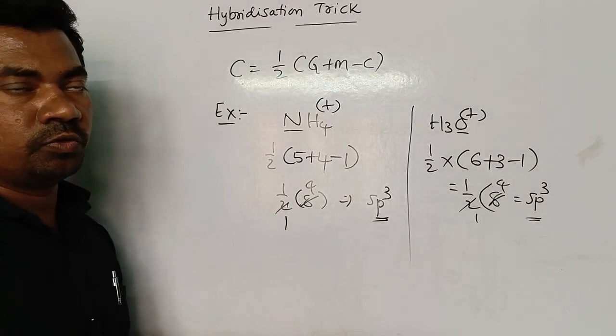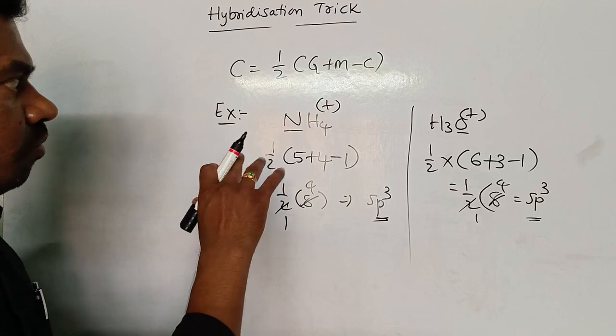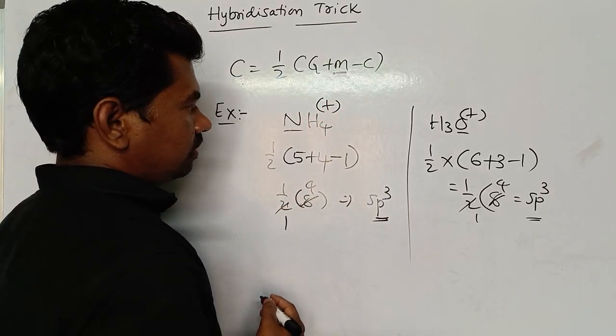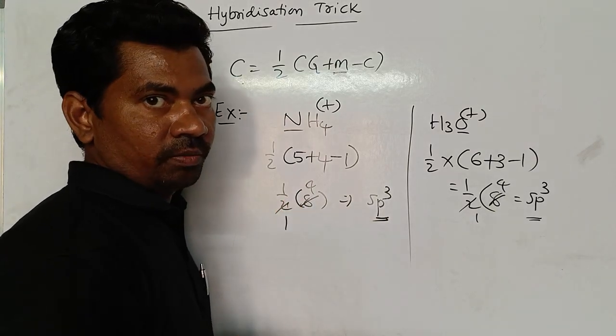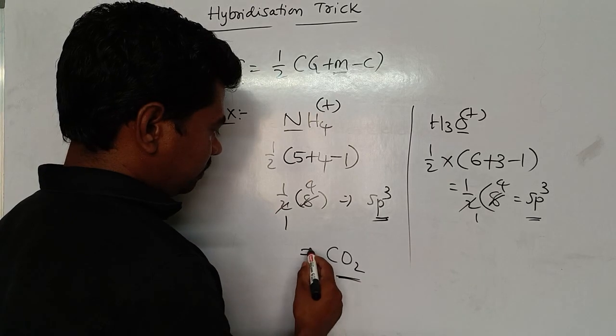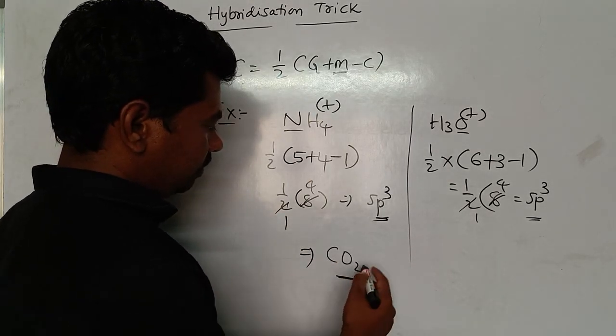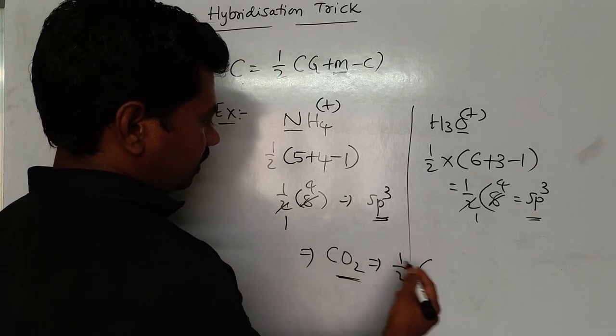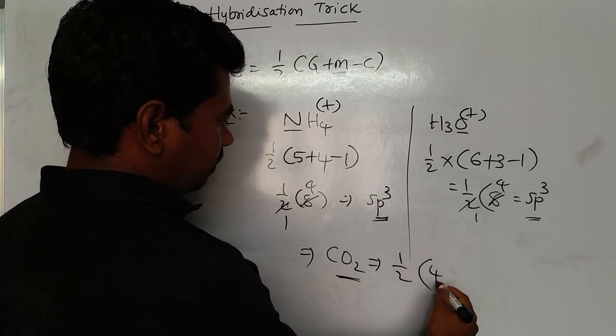The same formula we can use to calculate, where only monovalent elements we need to take here. Monovalent, okay, not bivalent elements. For example, carbon dioxide. In this carbon dioxide molecule, the formula is 1 by 2, carbon group number 4.